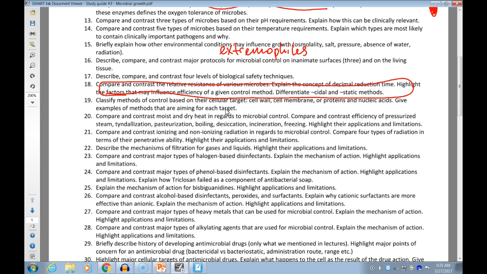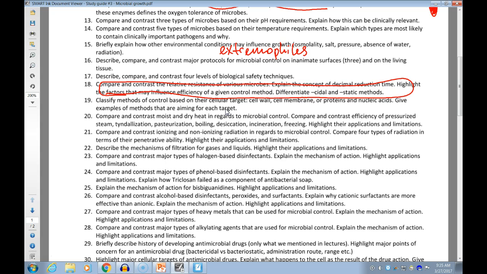Like if you propose to use bleach to clean up the entire hospital, unless you have a lot of hobbits that will work for food, then it's not a good idea. You probably should use something else. Make sense?